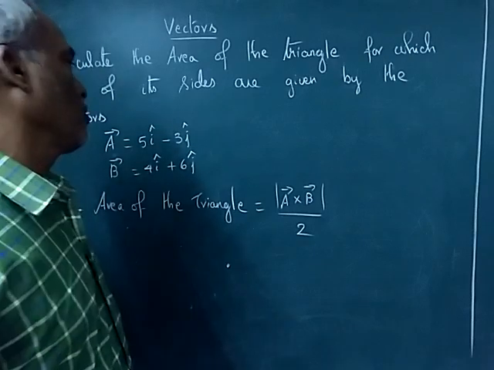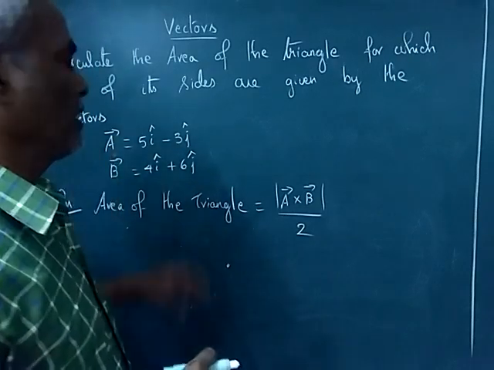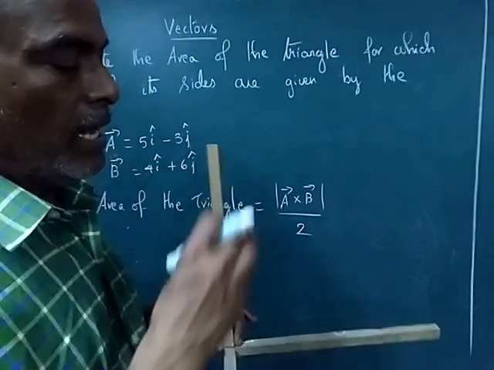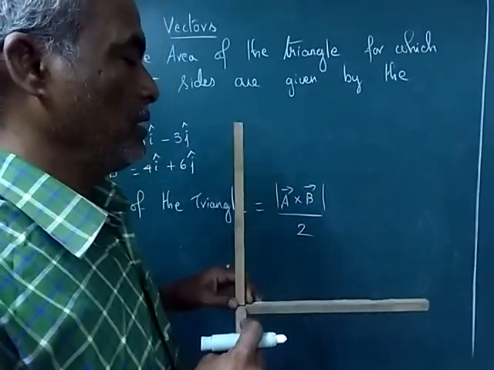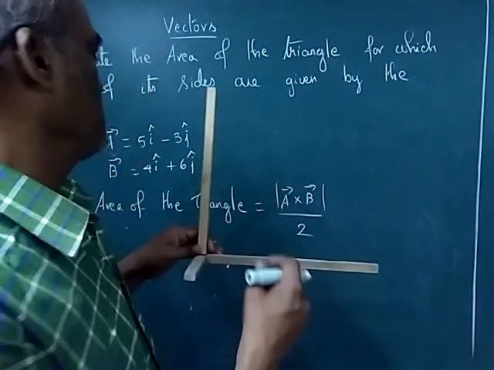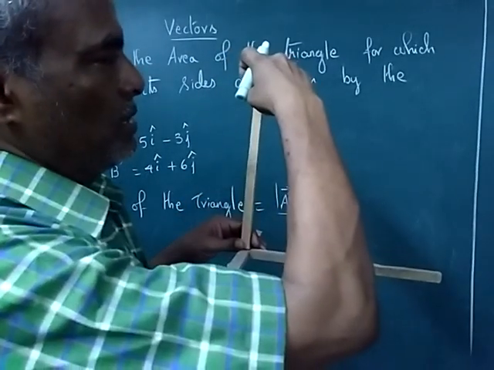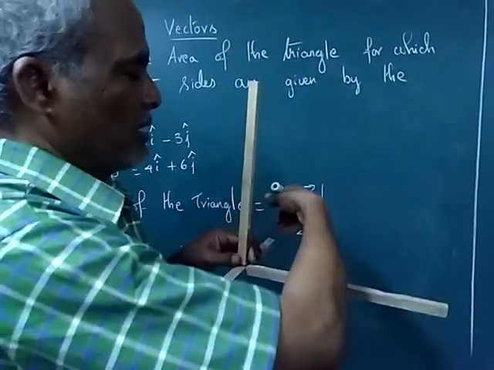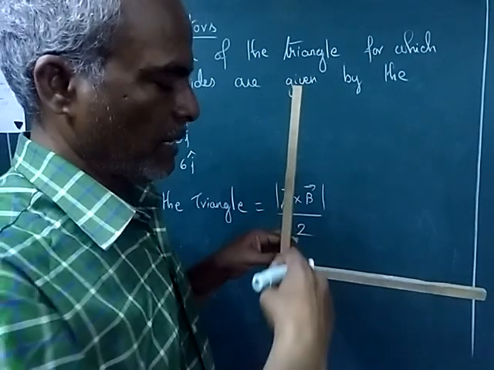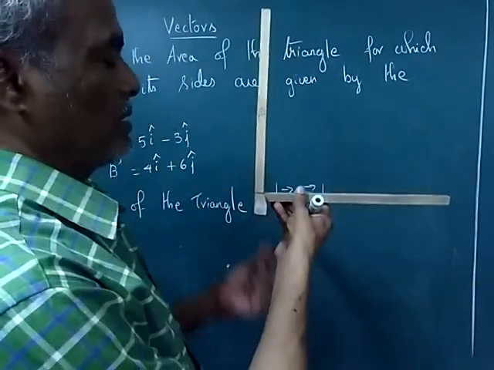So we will try to solve this, but before that we will try to understand what is this i vector, j vector. So totally anything can be represented with 3 dimensions. So in this case assume this is i vector, this is j vector, and this is k vector. This is minus k vector, this is minus i, and this is minus j.